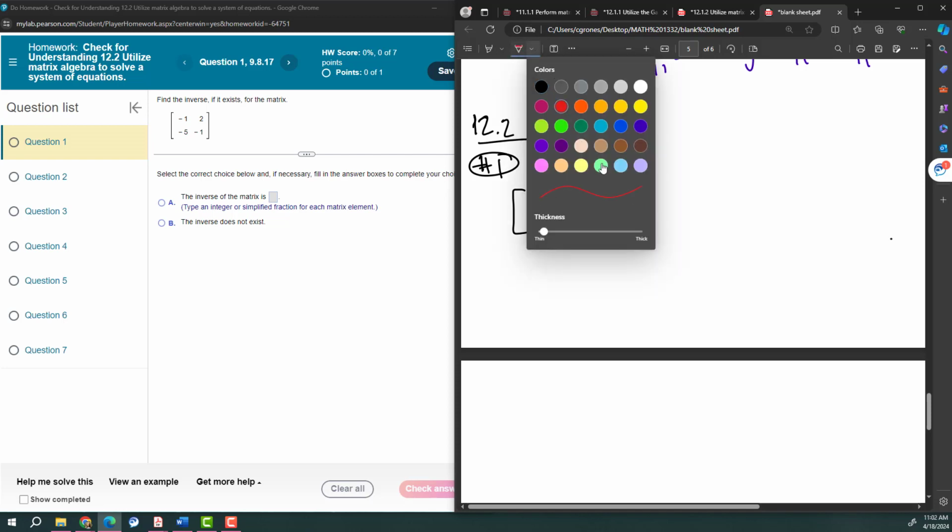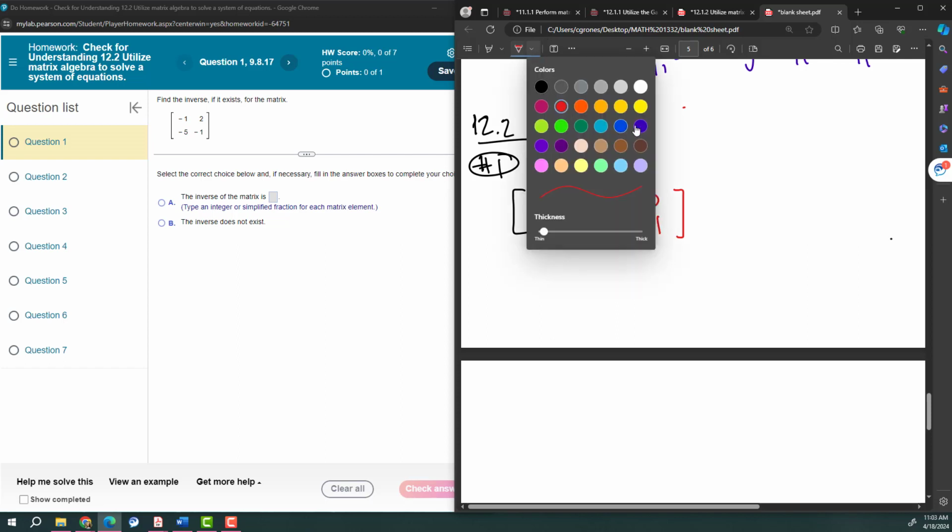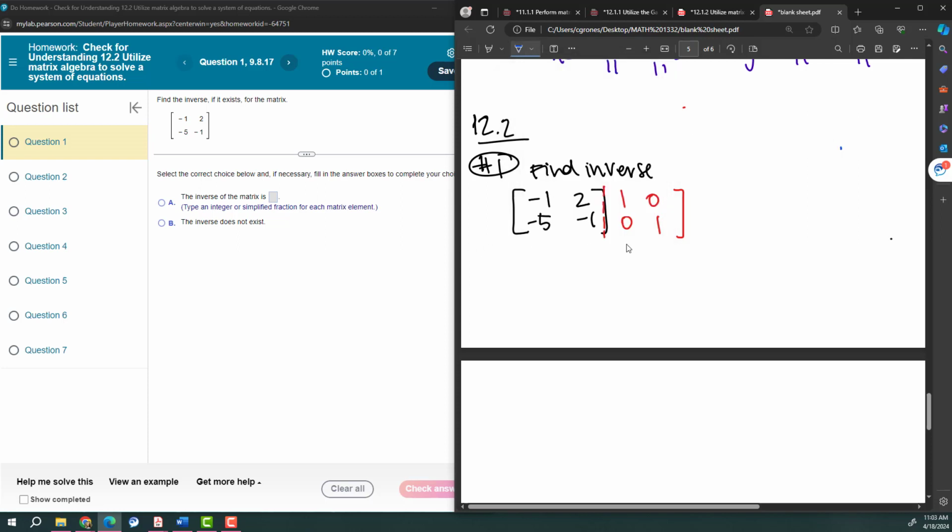So I'm just going to do like a dotted line right here and add it on, but it's just 1, 0, 0, 1. And what we're going to do is work this out to be 1, 0, 0, 1, but then we're going to have some values at the end. And this is going to be our inverse matrix.